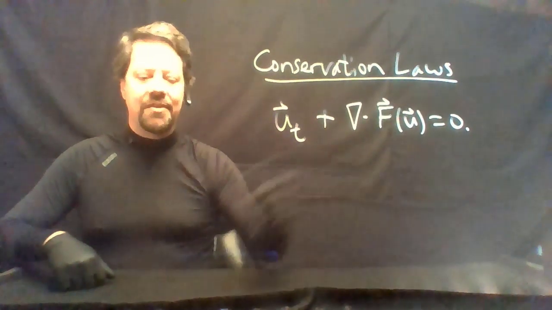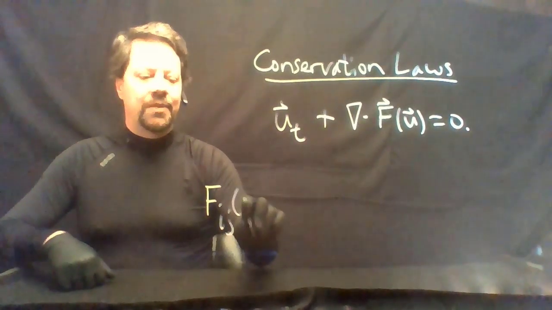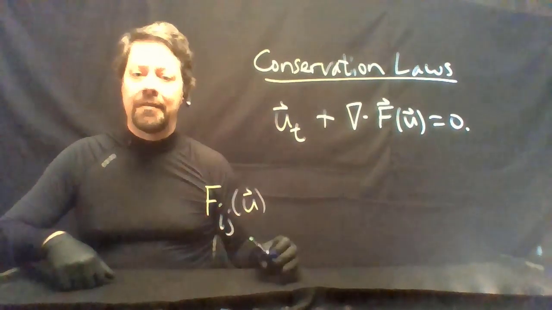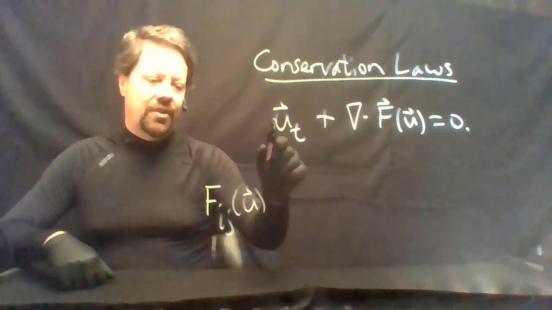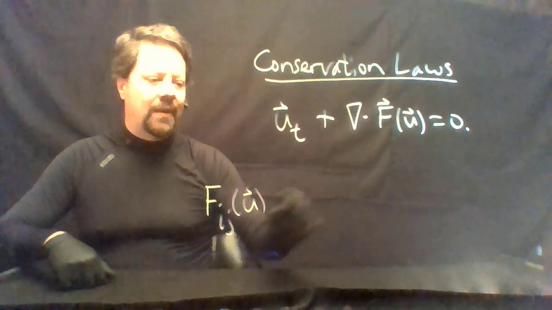If this is a matrix-valued function, we might have Fij, which will depend upon the components of the conserved quantities u. The divergence can be calculated in the following way.